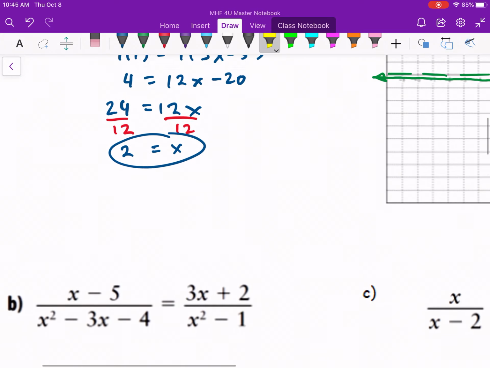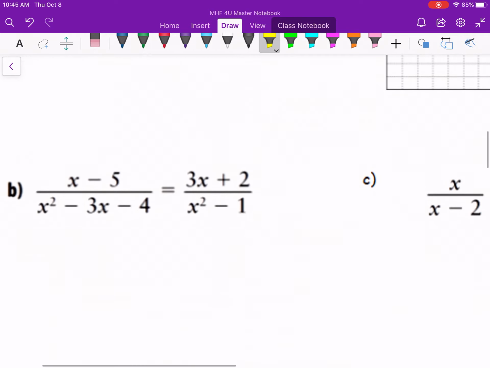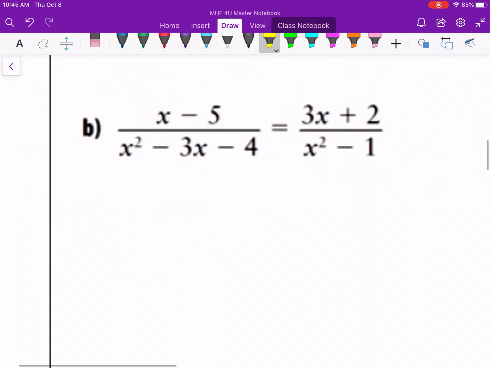Okay, that was a really simple one, but the same principle holds even for more difficult looking ones. Like this one clearly looks a lot more difficult, but there's some similarities. We've got fraction equals fraction. So we can cross multiply. If I use the same colors just to show, I'm going to multiply the top of one side. I need to put it in brackets, so x minus 5 times x squared minus 1.